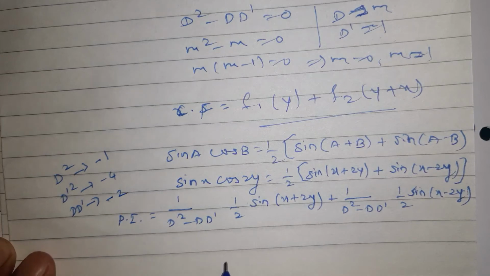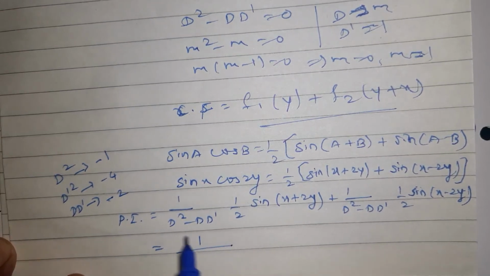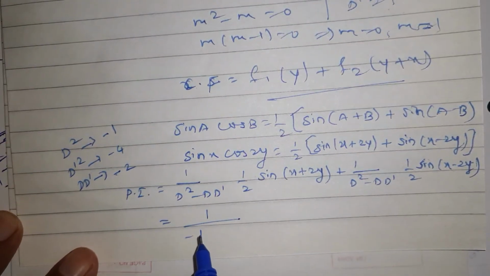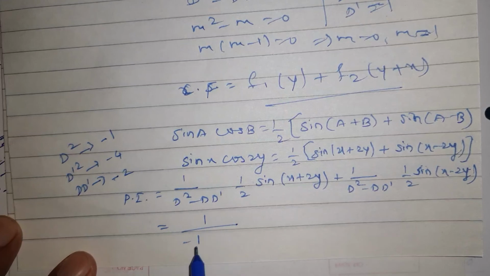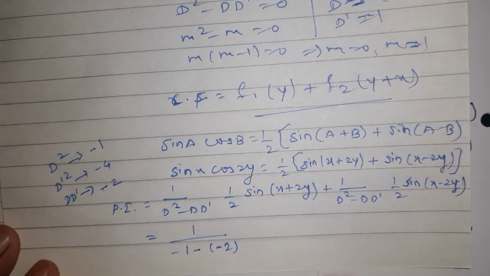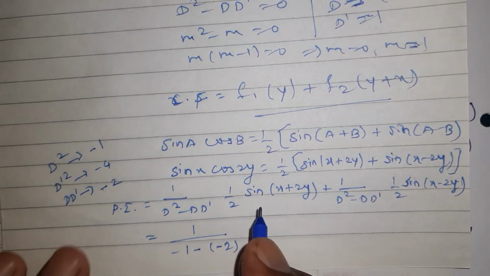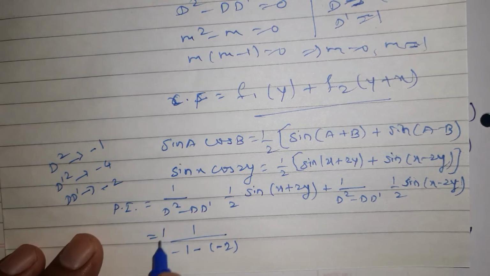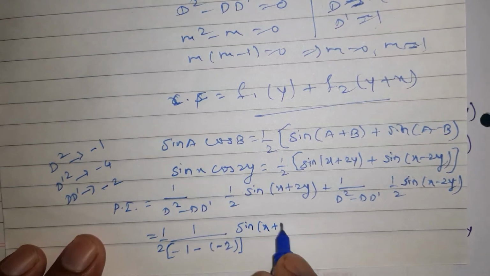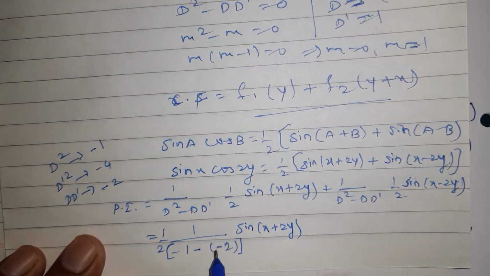Let me complete the first one first, then I will tell you the next one. 1/(D² − DD′) becomes 1/(−1 − (−2)), with 1/2 sin(x + 2y) as it is, so I write 1/2 in front. Understood this step?